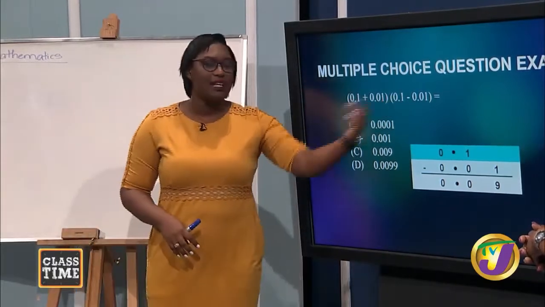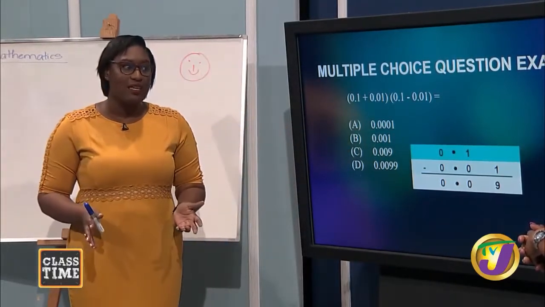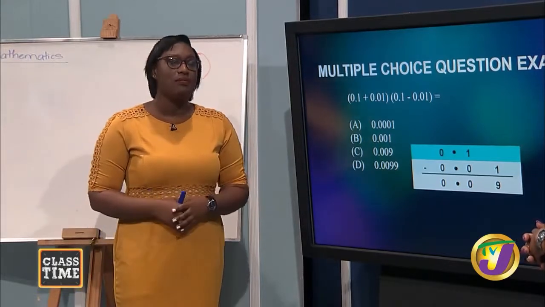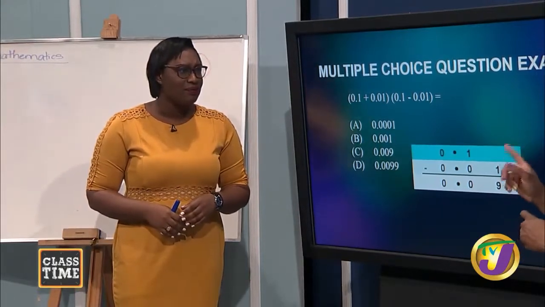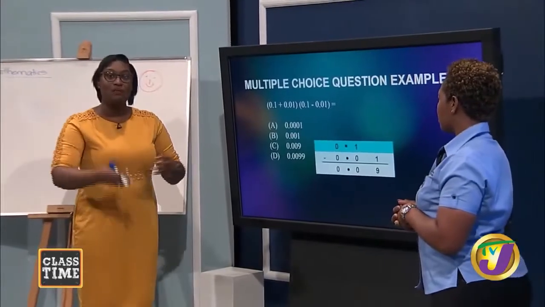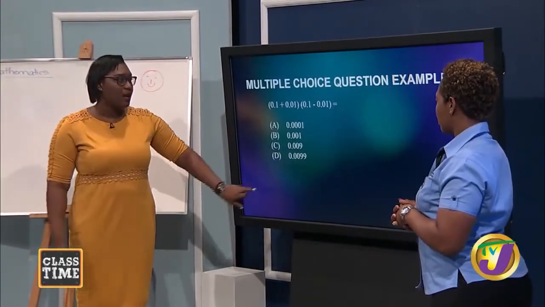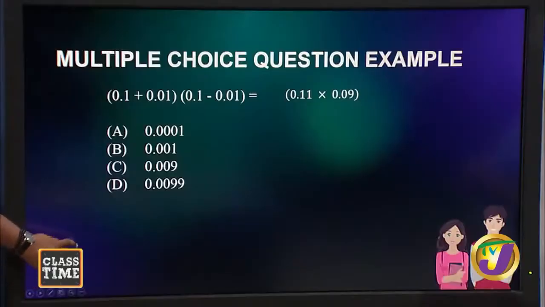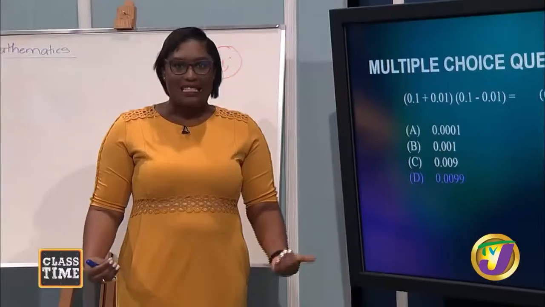So our second bracket resulted in 9/100ths. We have 9/100ths being multiplied by, what was it again? 11/100ths. So when we multiply 9/100ths by 11/100ths, the answer for this one is D. It would have been 0.0099.